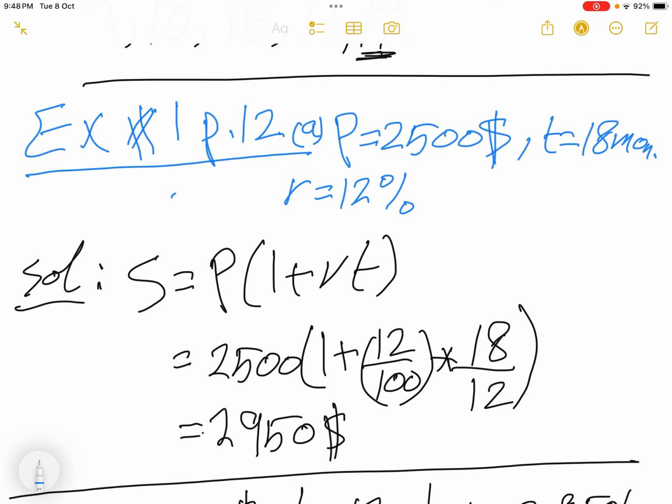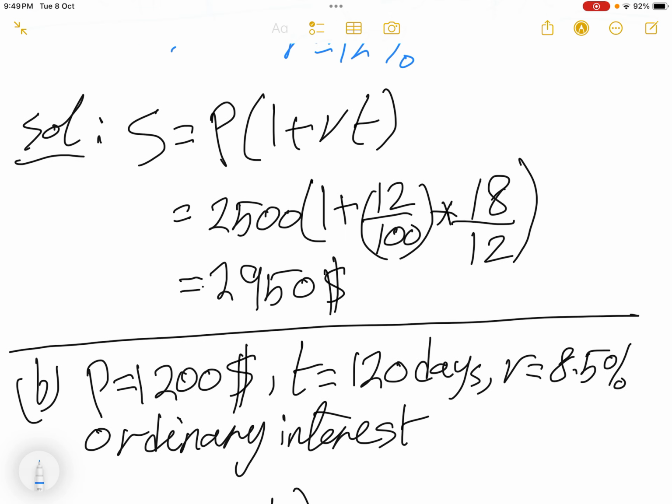Exercise number 1. A, B equal 2015 dollars, T equal 18 months, R equal 12%. Then calculate S. S equal B multiplied by 1 plus RT. 2015 multiplied by 1 plus 12 over 100 multiplied by 18 over 12, since it is 18 months. I have the accumulated value, or amount, 2,950.